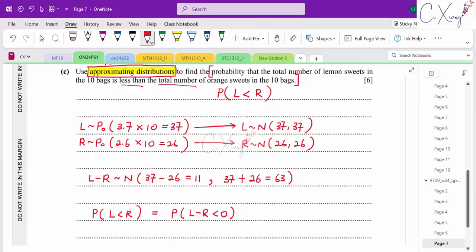Therefore, to calculate this probability, you have to standardize it to become Z, then you find the probability from the table. But the original distribution for L and R is Poisson, which is a discrete random variable. When you change it to normal and combine them, it is actually a continuous random variable.